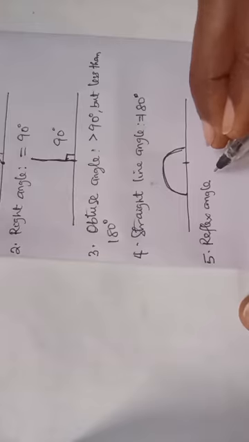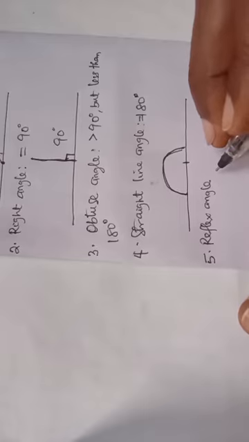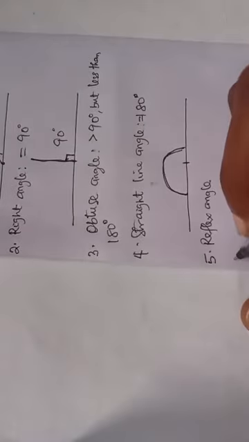Any angle that is above 180 but less than 360 degrees is called a reflex angle. Now the last one for today, the sixth one.